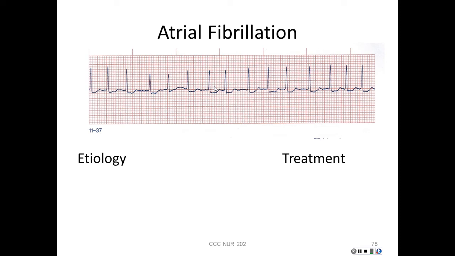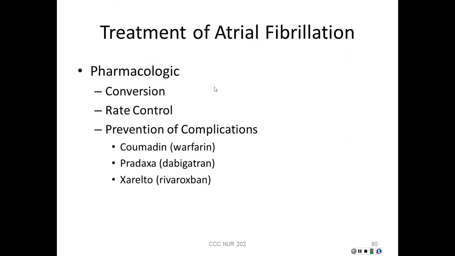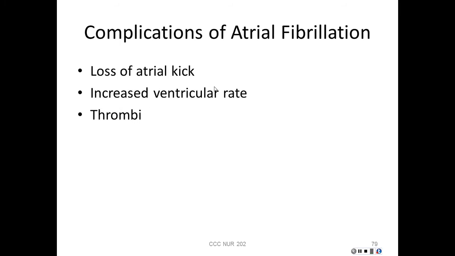All of those can basically cause atrial fibrillation. There are patients that will go in and out of atrial fibrillation, and that's usually a problem. When we look at treating atrial fibrillation, basically we're going to look at conversion back to a sinus rhythm or rate control with these patients.